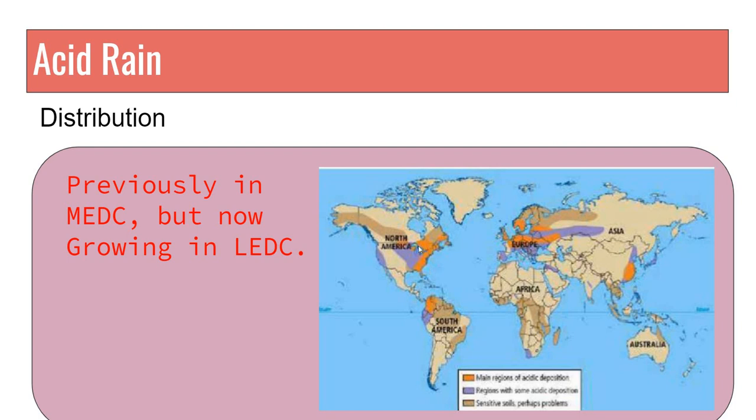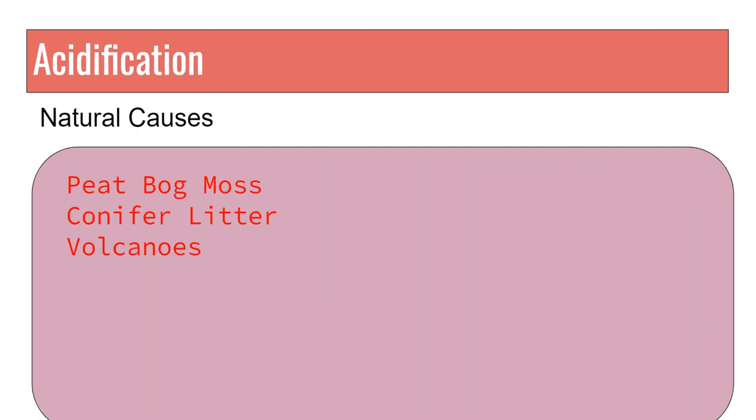The United States, particularly the East Coast of the United States, and Europe, and also over here in the industrial part of China. So that's where it's really getting hit. To a lesser degree, West Coast and Midwest of the United States, Southern Europe, and a little bit of Russia. Mostly acid rain is a problem, though, which is going on in MEDC.